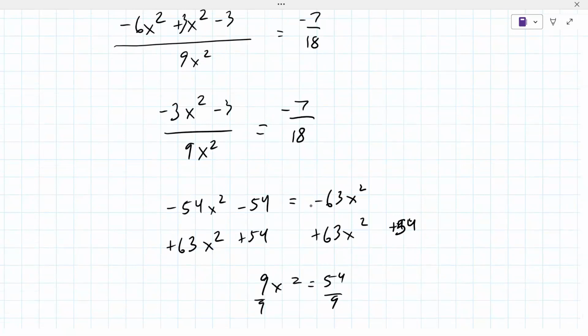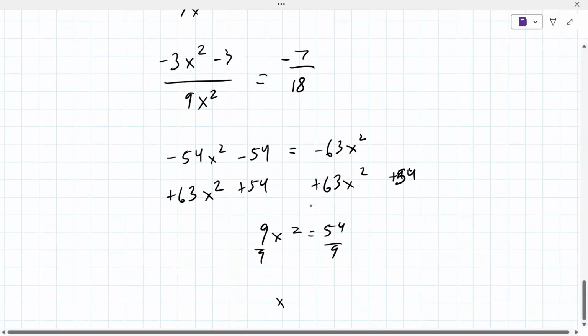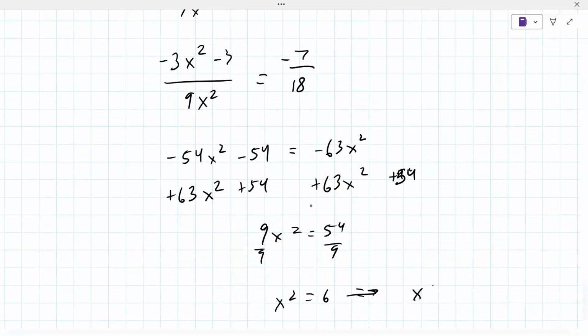Divide by 9. You get x squared equals 6. So x equals plus or minus the square root of 6, but you have to pick the one that's in the interval from 1 to 6. And therefore it's only the positive square root of 6. Positive. Okay.